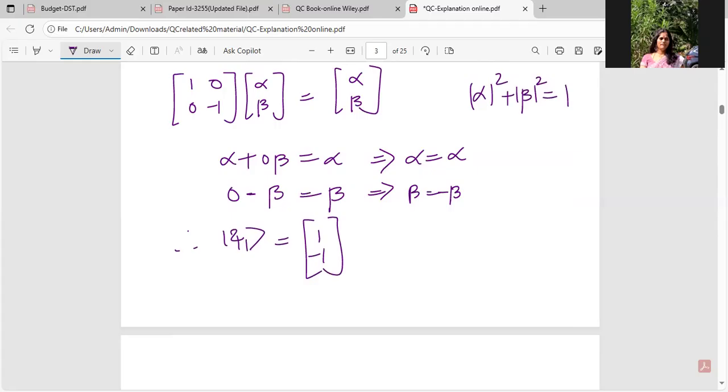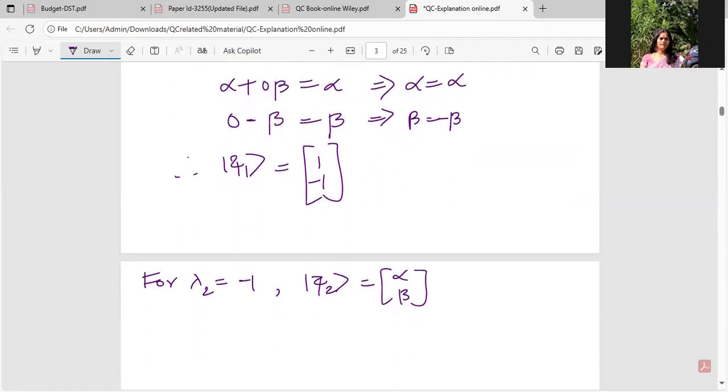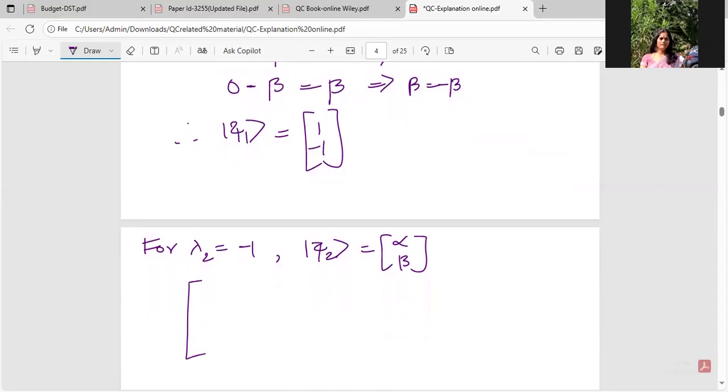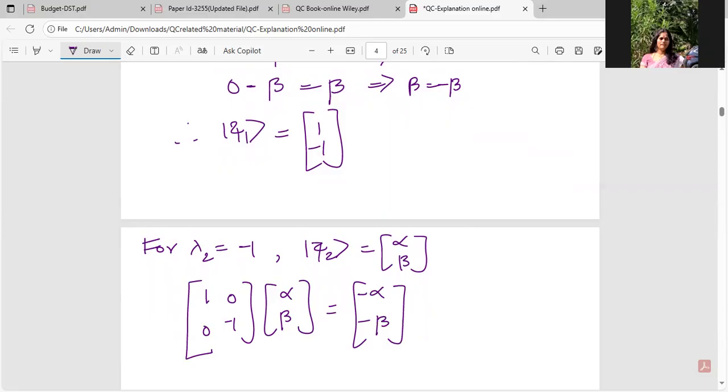Next, let's see. For lambda 2 equal to minus 1, let ket xi2 be the eigenvector. Again, ket xi2 is alpha, beta. So I will have 1, 0, 0, minus 1 times alpha, beta, equal to minus 1 times alpha, beta, so minus alpha, minus beta is what I have.